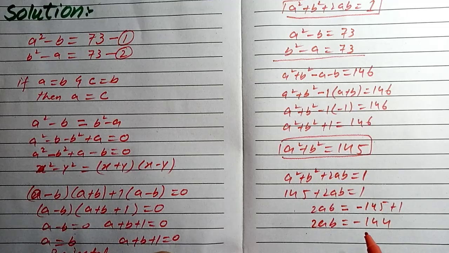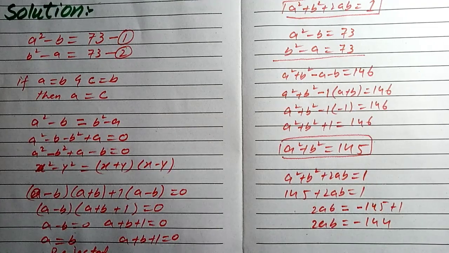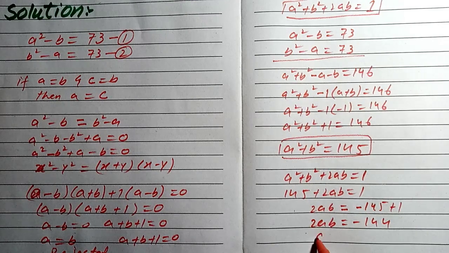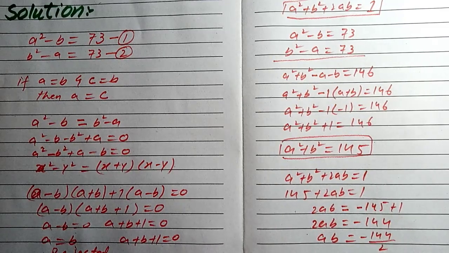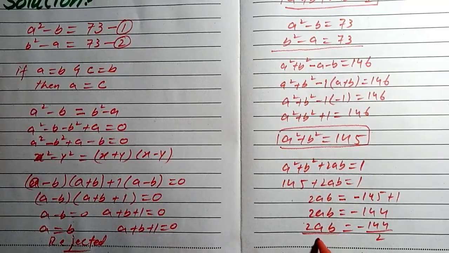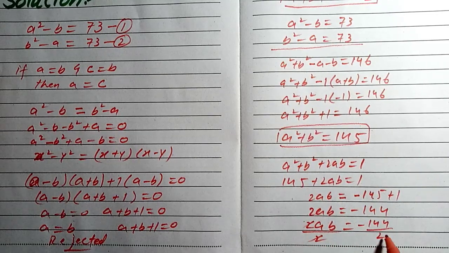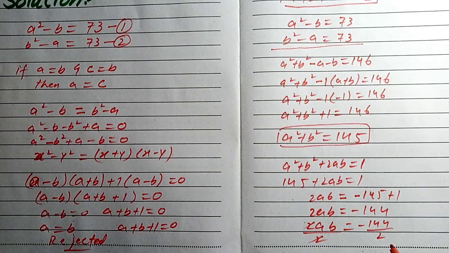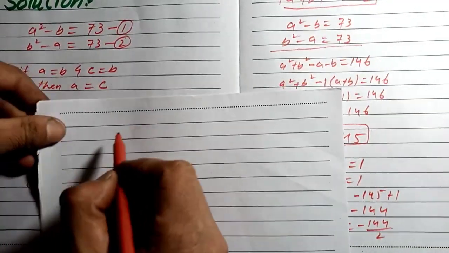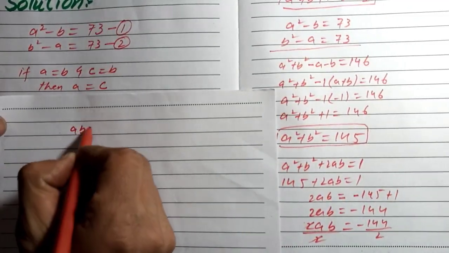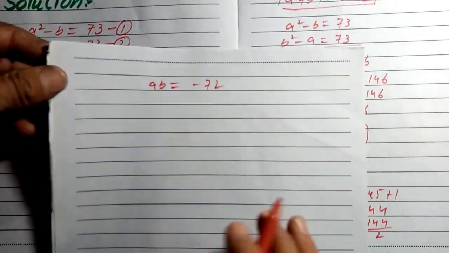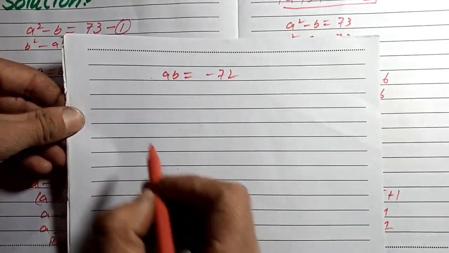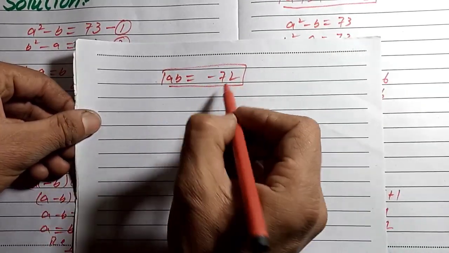So if we divide by 2 on both sides, we can get ab, which is equal to -144 divided by 2. So this 2 will be cancelled, and we can get the value of ab, which is equal to -72.